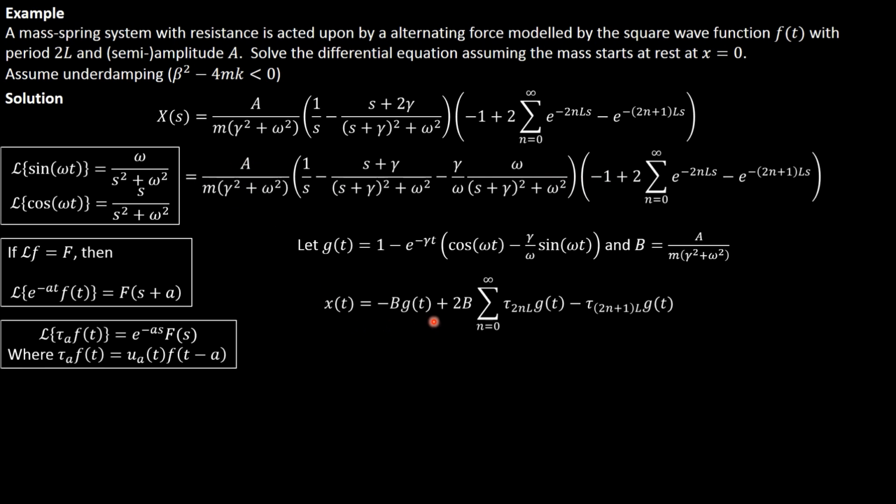And then the 2 came from here. B came from here. And then for the summation, these e to the minus 2n l s's and e to the minus (2n plus 1) l s's, using this formula, translate to a tau translation of your original function g. So that's what we get here. So this is our function. This is the solution to the differential equation.